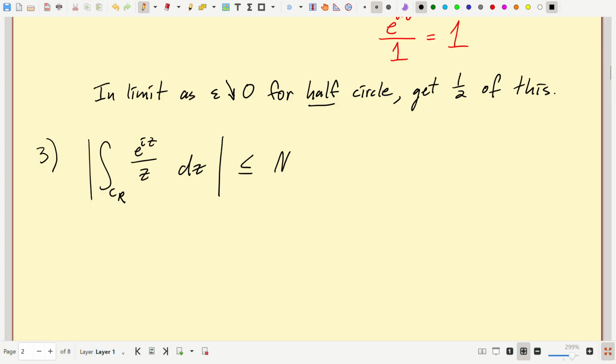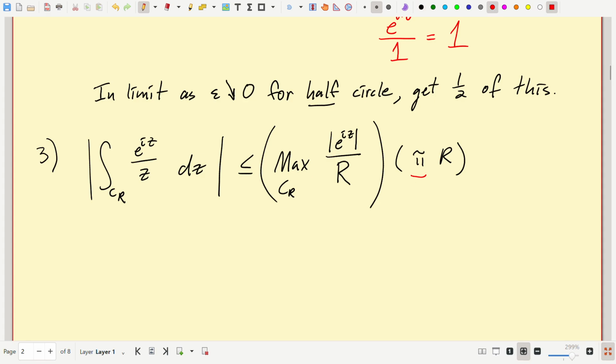So that would be less than or equal to the max of e to the iz over z over the circle of radius r part. And on that circle, the modulus of z is r. And the length of that curve is just pi times r. That's the length of C sub r.